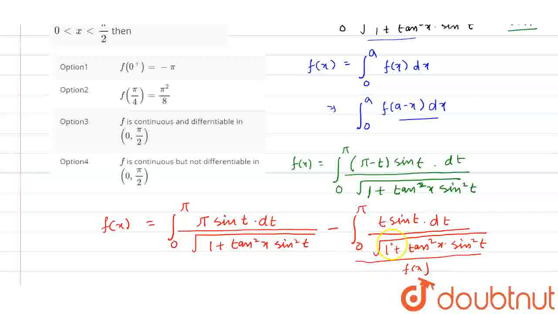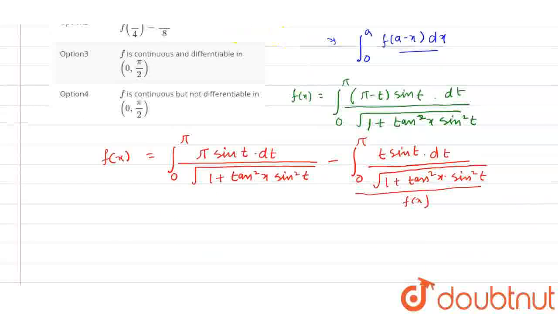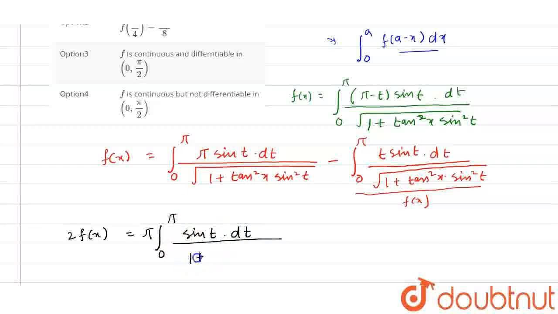Now if we take this f(x) to the left hand side, it becomes 2f(x) is equal to integration 0 to pi. Pi is a common constant, so pi comes outside, sin t into dt upon root 1 plus tan square x into sin square t.